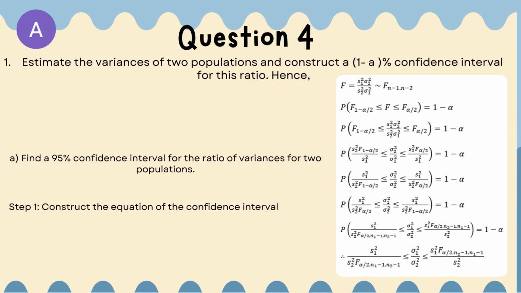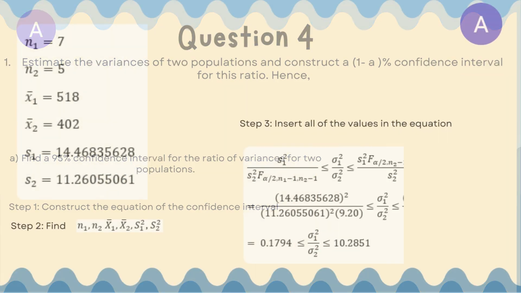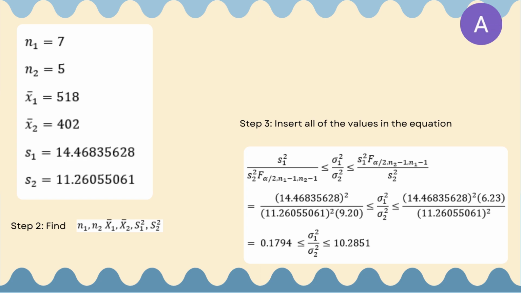As for this question, I will be dividing it into three steps. Step 1, we just need to construct the equation of the confidence interval as usual. As for the second step, we just need to find the values of n1, n2, x bar 1, x bar 2, and sample 1 and sample 2.